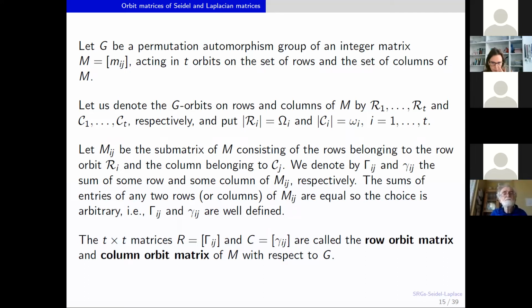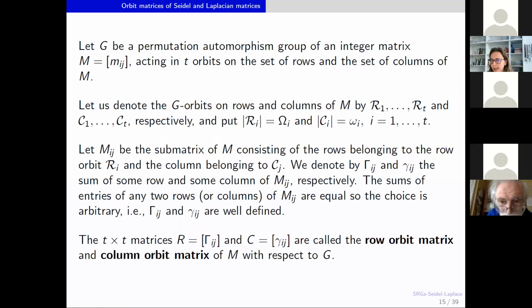So we can now define matrices R and C, where R is a T times T matrix having the entries capital gamma ij, which are row sums, and C is a T times T matrix having gamma ij for entries, which are column sums. They are called the row orbit matrix and column orbit matrix of the matrix M with respect to the permutation automorphism group G.